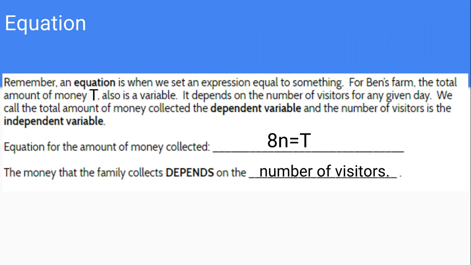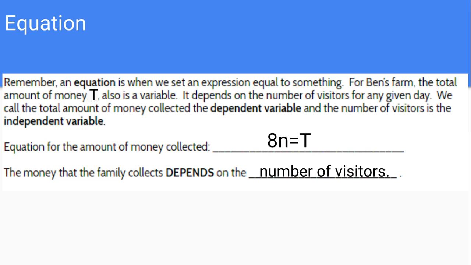Now, remember, an equation is when we set an expression equal to something. For Ben's farm, the total amount of money we're going to represent with T, also a variable. It depends on the number of visitors for any given day. We call the total amount of money collected the dependent variable, and the number of visitors the independent variable.